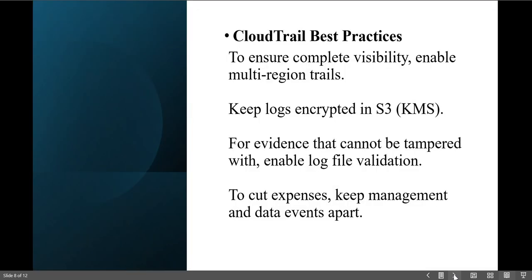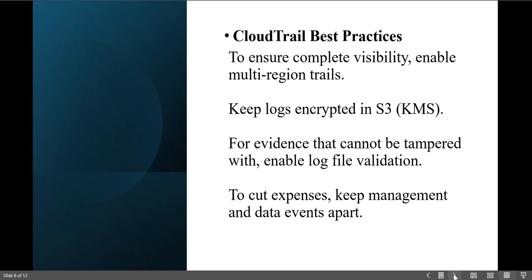effectively. And here are the CloudTrail best practices to ensure complete visibility. Enable multi-region trails, and keep logs encrypted in S3 for evidence that cannot be tampered with.